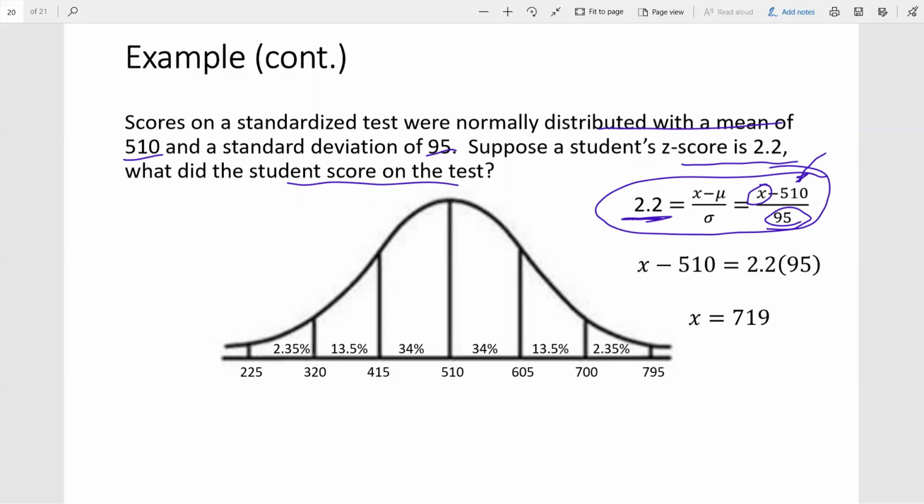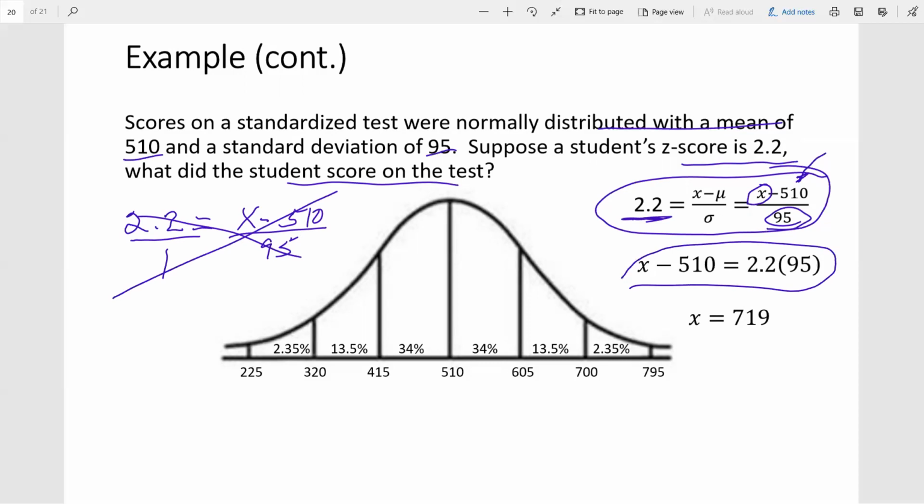And so let's just write it over here. 2.2 equals x minus 510 divided by 95. To solve for x, we cross multiply and we get x minus 510 equals 2.2 times 95.